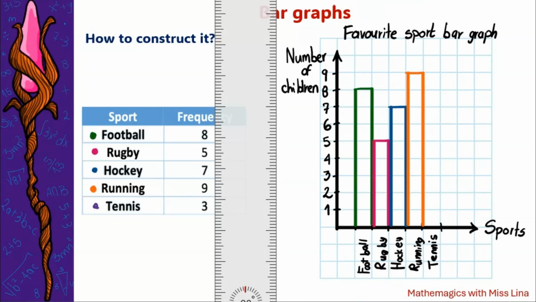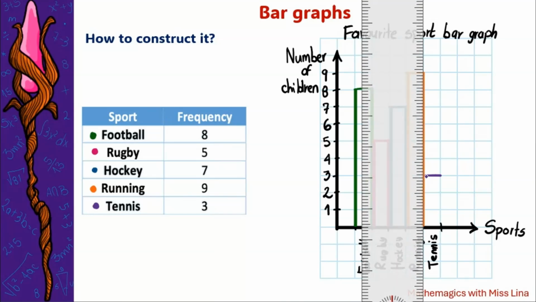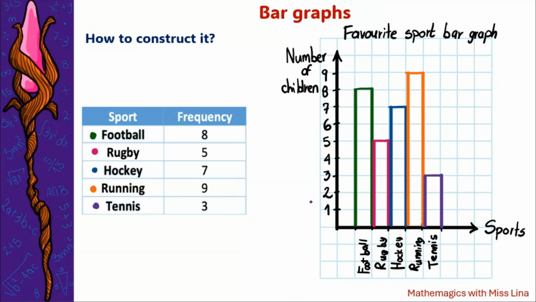And finally, tennis with purple. Tennis is going to be 3 people here. Okay, and that's how we complete our bar graph. Notice the most common one is running.